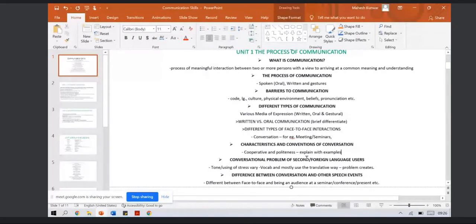So there should be cooperation from both parties, the speaker and the audience. The audience must respect the speaker, and the speaker must be very polite to the audience while they are asking any doubts, questions or disagreements.